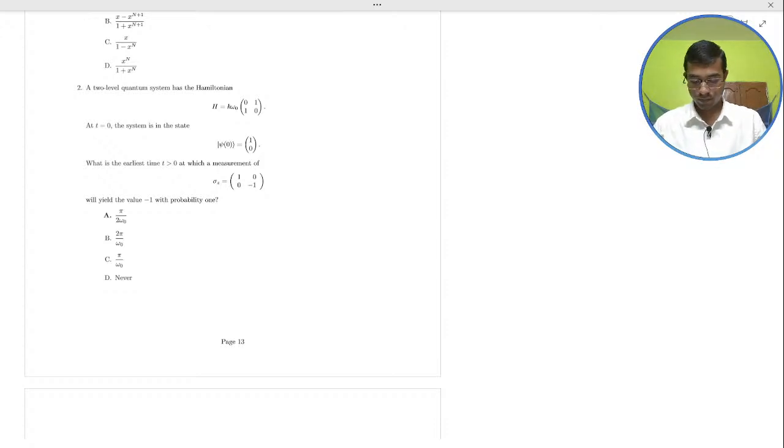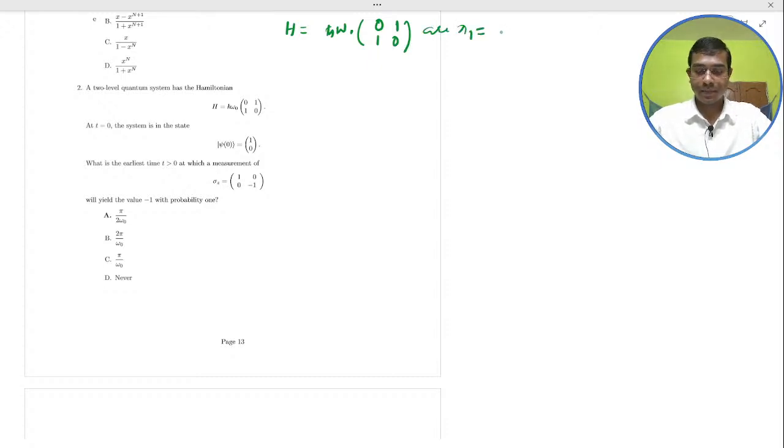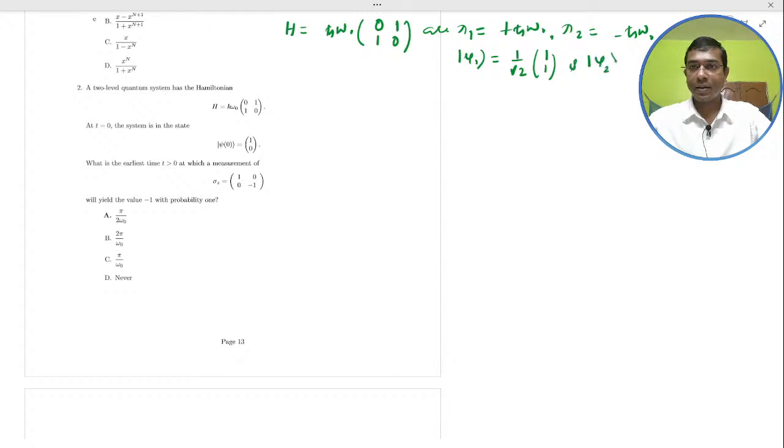So here, the eigenvalues and eigenvectors of the Hamiltonian h cross omega naught (0 1; 1 0) are lambda 1 equal to plus h cross omega naught and lambda 2 equal to minus h cross omega naught, with eigenvectors ket phi 1 equal to 1 by root 2 (1, 1) and ket phi 2 equal to 1 by root 2 (1, minus 1).